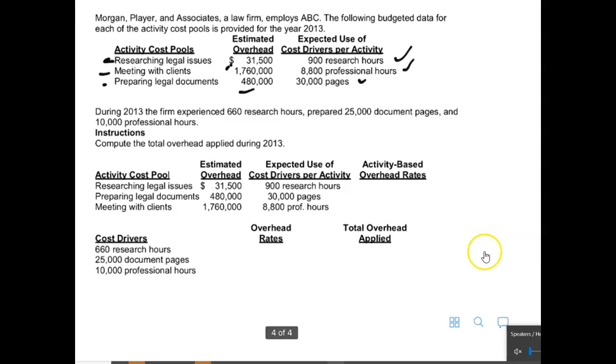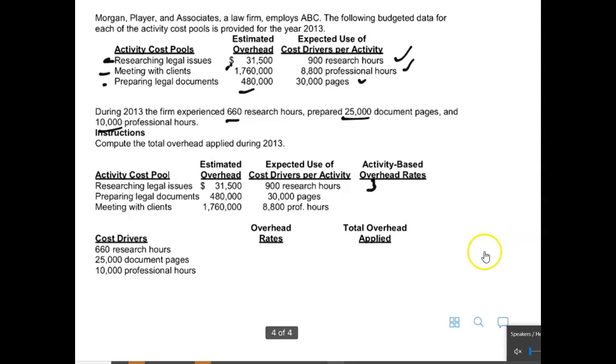During 2013, they actually used or incurred 660 research hours, 25,000 documented pages, and 10,000 professional hours. Compute the total applied during 2013. Well, simply divide the pool by the activity to get the activity-based rate.